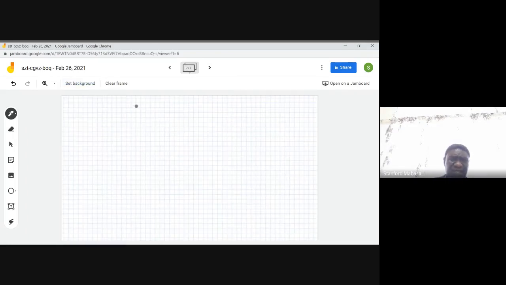So if we quickly draw another graph, now we have RC here. Then here we have got our yield loss.